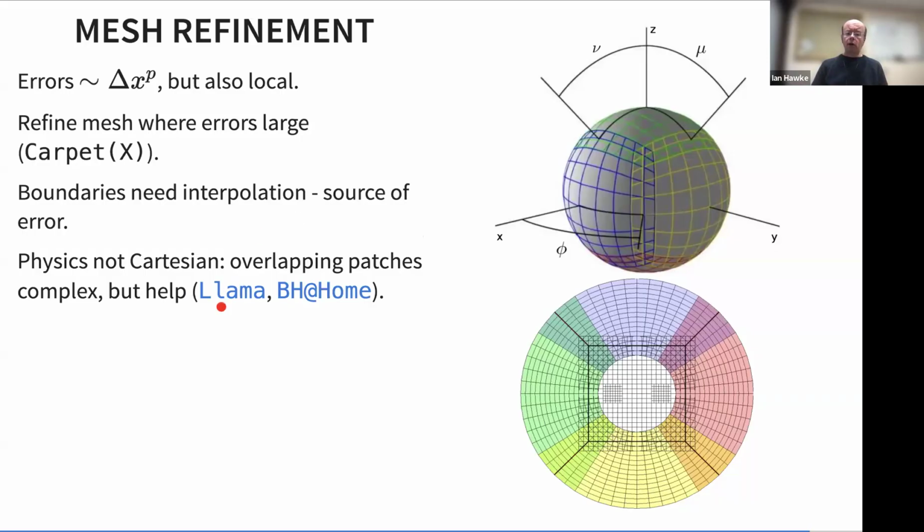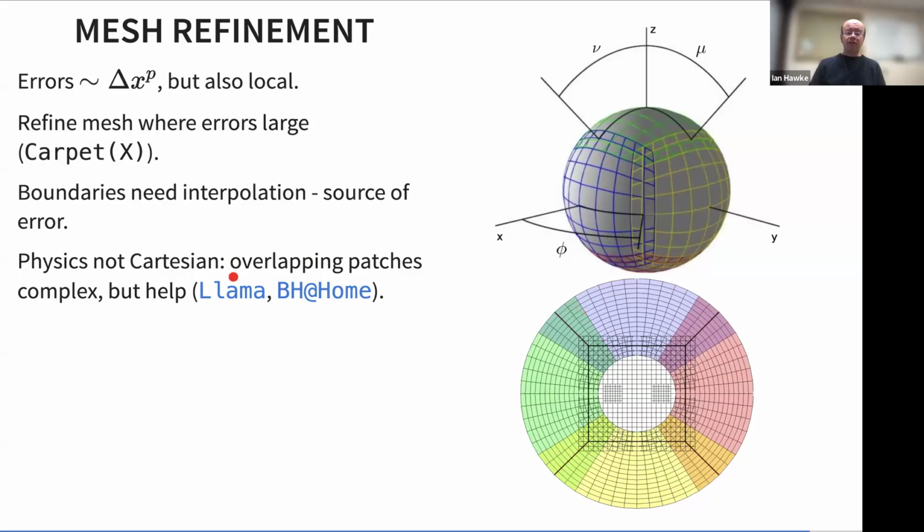So the Llama code within the toolkit uses multiple overlapping patches together with mesh refinement in order to give patches that will follow the merging objects while still giving a roughly spherical grid that captures the wave zone with minimum resources at larger radius.